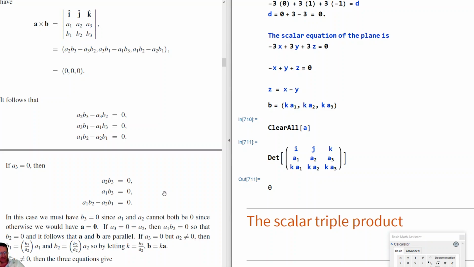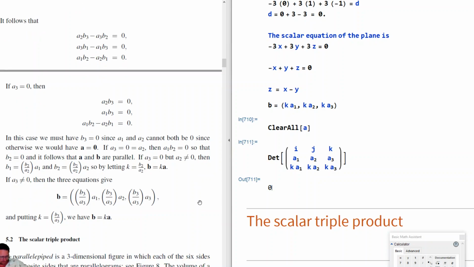Okay, so if A3 is 0, but A2 is not 0, then B1 is B2 over A2 times A1, and B2 is B2 over A2 times A2, so that by letting K be equal to B2 over A2, we get that B is equal to K times A. So this section of the proof is a little bit more complicated. And now finally, if A3 is non-zero, then the 3 equations give us that B is equal to B3 on A3 times A1, B3 on A3 times A2, and B3 on A3 times A3.